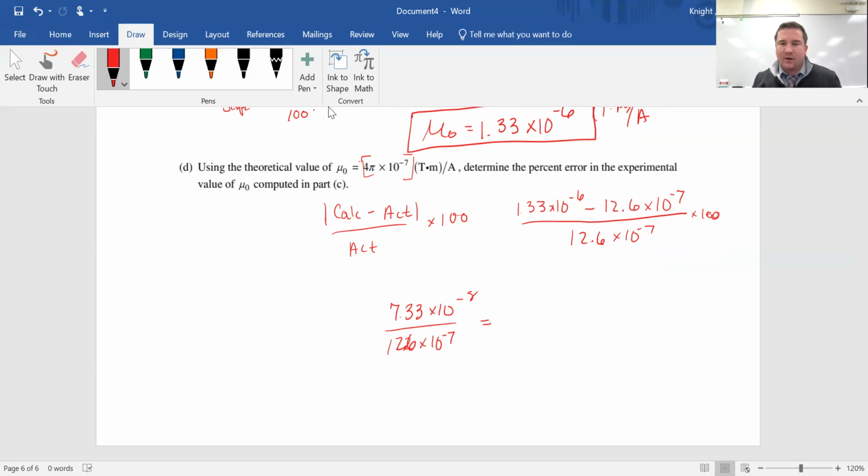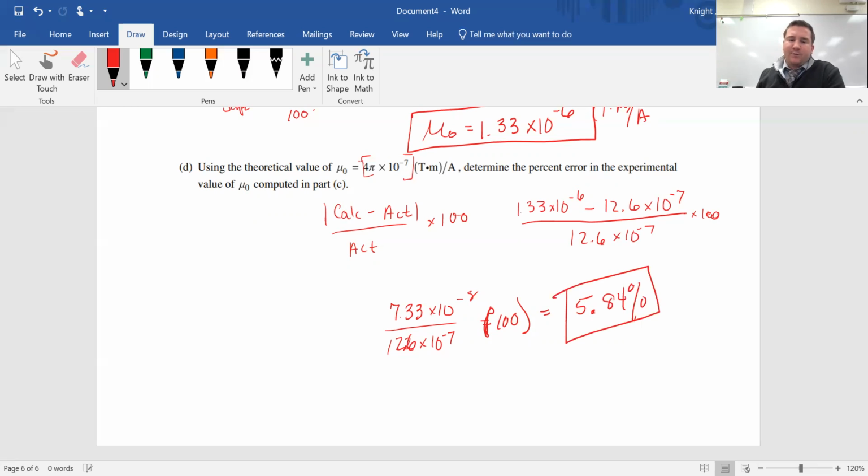I don't know why I converted it to a 12.6. That didn't make a whole lot of sense. I forgot the times 100 here. Times 100 equals 5.84%.